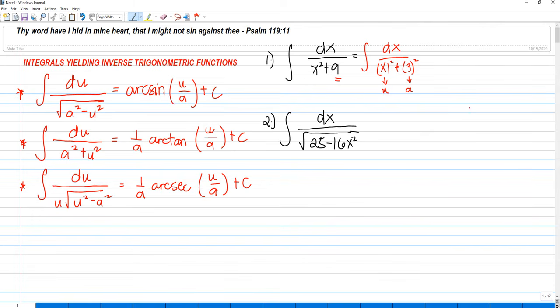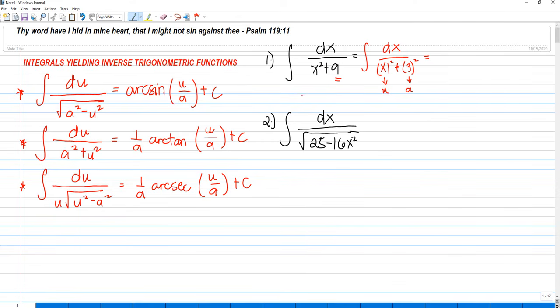So the denominator resembles the integral that would yield an arctan because of the a squared plus u squared. This is u squared plus a squared, and it doesn't matter if they switch position.